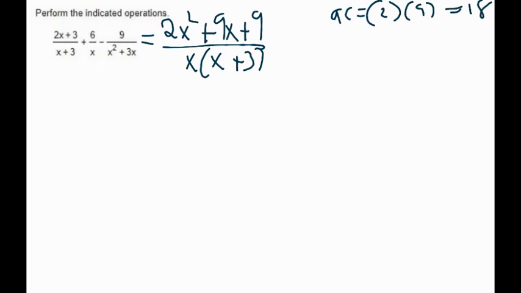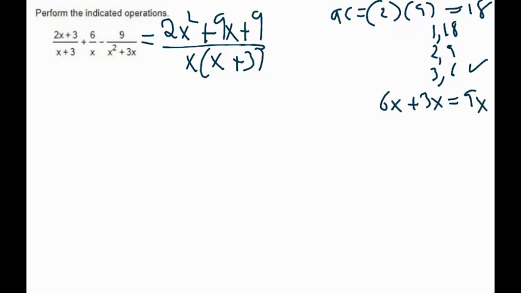Then we list our factors of 18: 1 and 18, 2 and 9, and 3 and 6. We're looking for factors of AC that add up to the middle term of 9. These two will do it, because 6x plus 3x equals 9x.